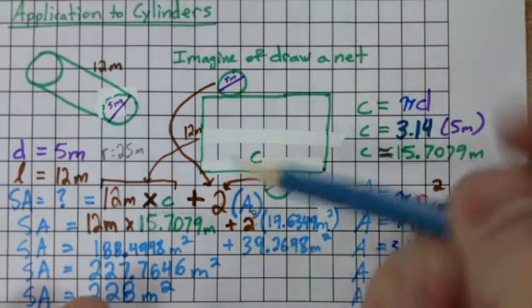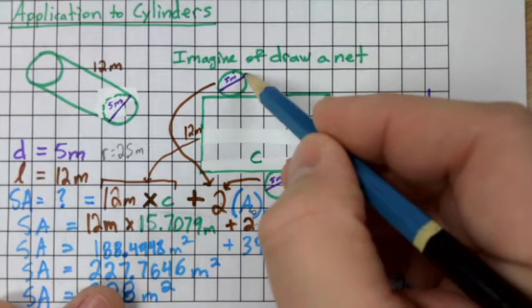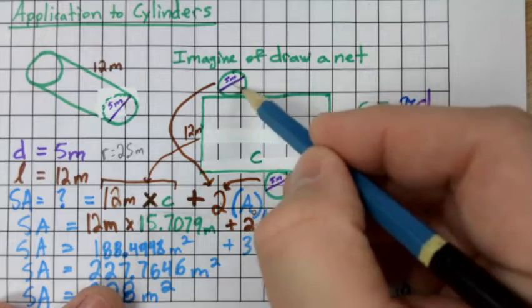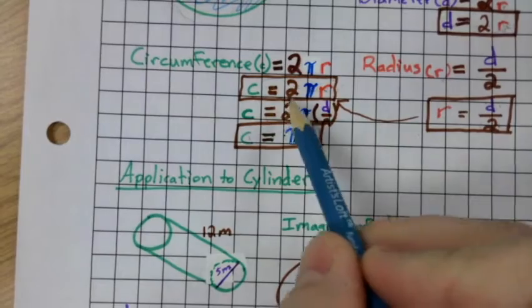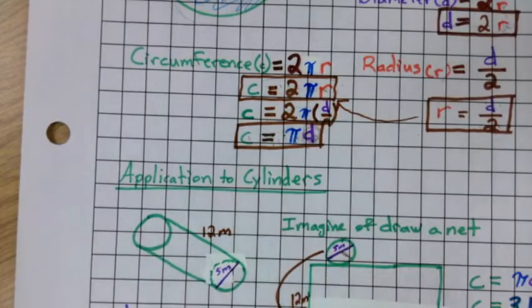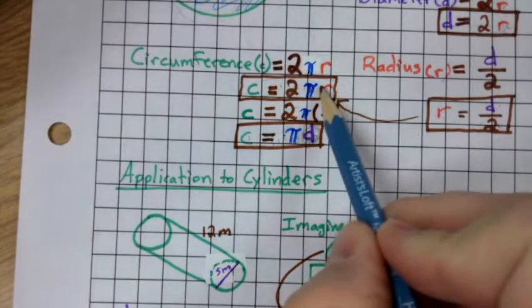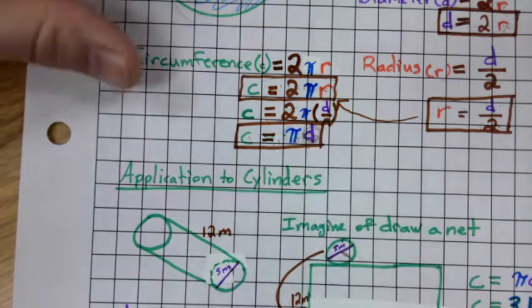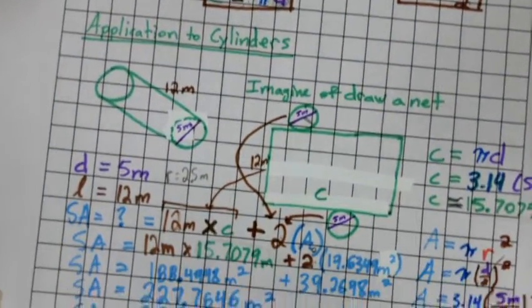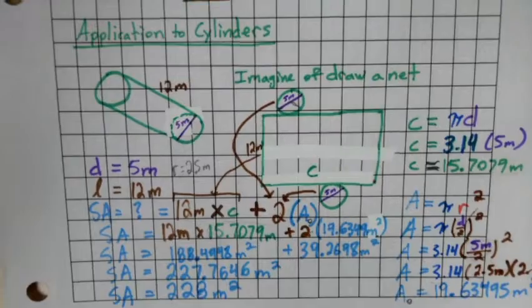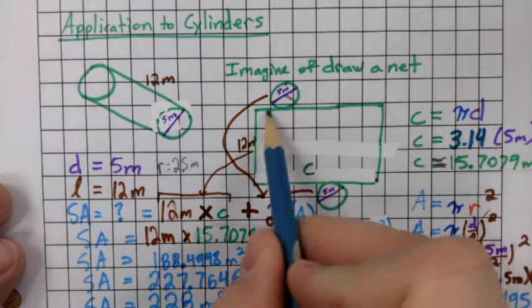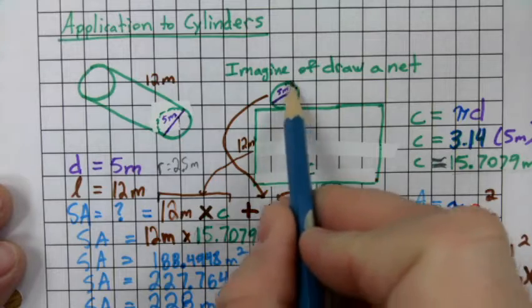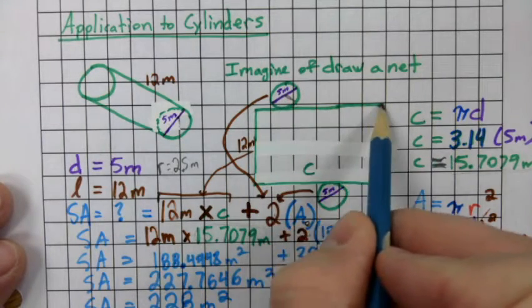So if you know what the diameter is or the radius is, you can calculate the circumference using these formulas from before. 2 pi r if you know the radius, or pi d if you know the diameter. Right? And if you know that circumference, then you can know the edge of this rectangle.